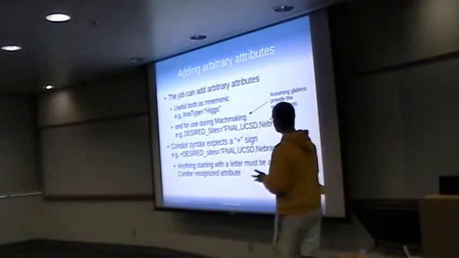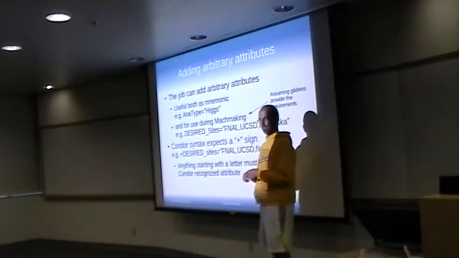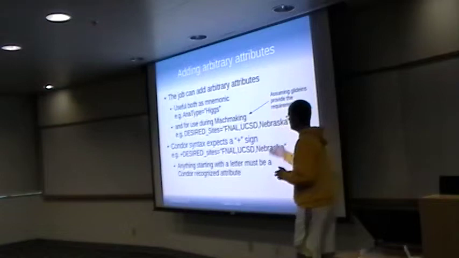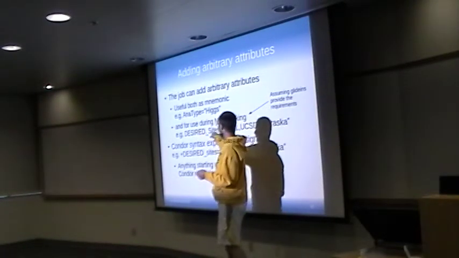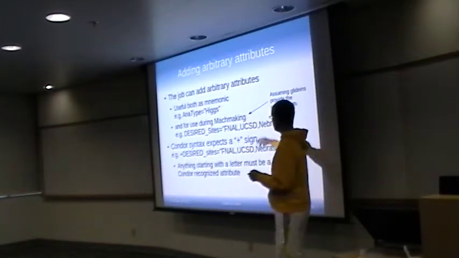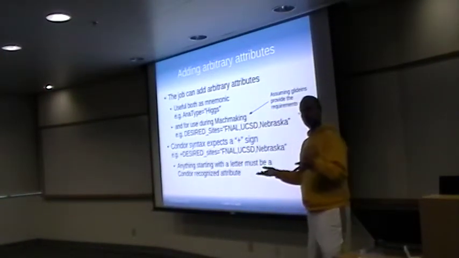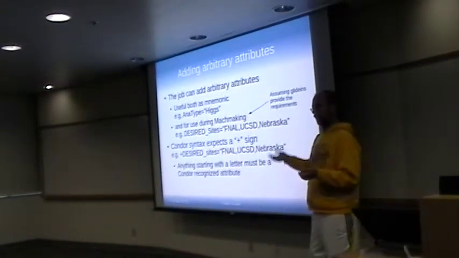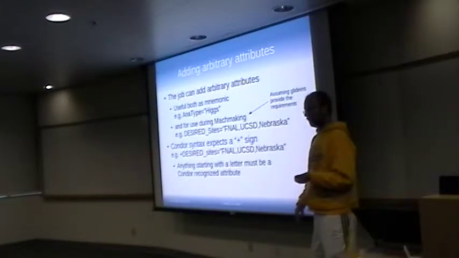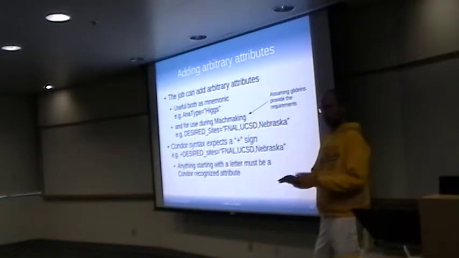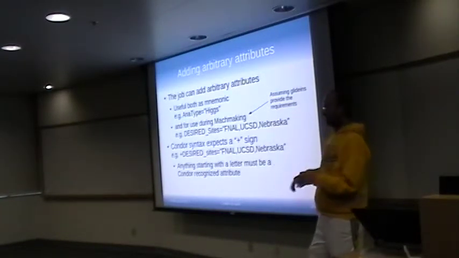But you can also use them for something practical, like matchmaking. For example, in the glideinWMS, you have seen the examples. You add desired site equal Fermilab, UCSD, Nebraska, and somebody actually interprets that and acts on it, so you will only run on these sites. They are perfectly equivalent from Condor's point of view. When you submit the job, Condor doesn't really care if it's one or the other.